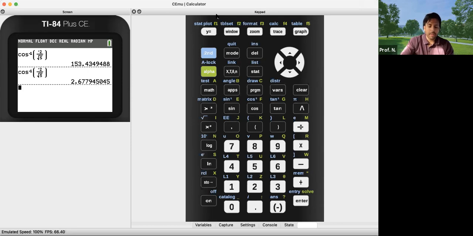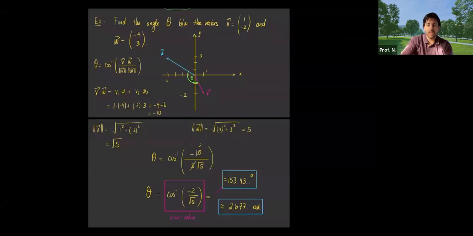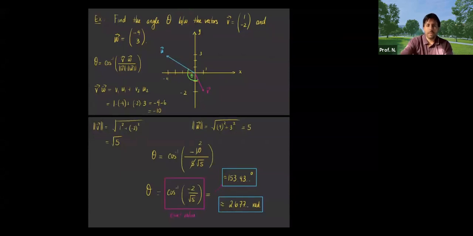Okay, is that clear? Any questions about applying this formula? How to find it using the calculator? Is that clear? Any questions? No questions. So again, I'm just applying the formula that I showed you about dot product, rearranging it so I can find the angle between any two vectors by utilizing the dot product and the norm of each vector.